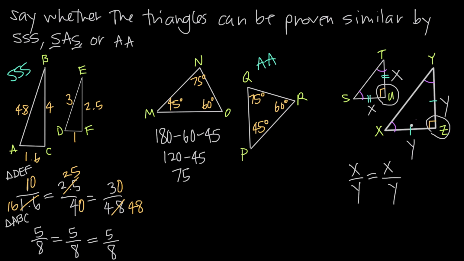We need the angle that's between the 2 sides we have information about. And in fact, that's the case here. We have the 90-degree angle between the 2 congruent sides and between the 2 congruent sides. So because it's the included angle, we also have 2 congruent angles between the triangles, this 90-degree angle and this 90-degree angle. Therefore, we can prove by the side-angle-side theorem that these 2 triangles are similar.